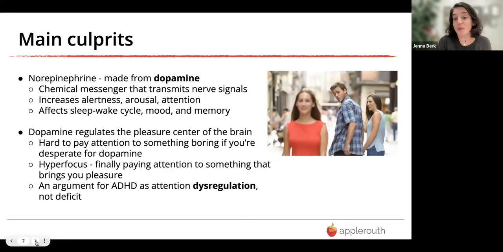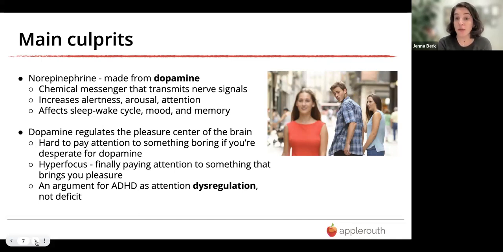So the main culprits of ADHD, we've got norepinephrine, which is made from dopamine, and that's a chemical messenger that transmits nerve signals. So that can increase alertness, arousal, attention, and it ends up affecting the sleep-wake cycle, your mood, and your memory.